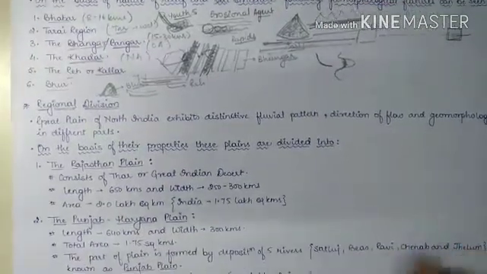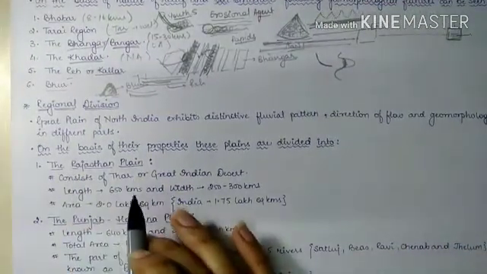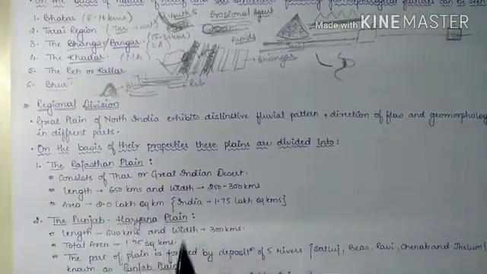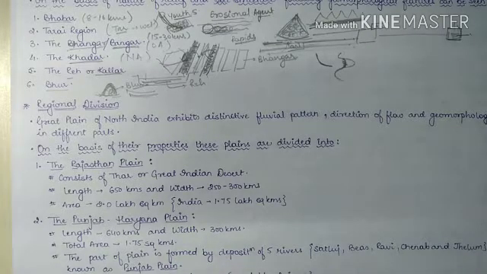Talking about the first one, the Rajasthan plain. The Rajasthan plain is on the western extremity of the Great Plain of India, and it consists of the Great Indian Desert, that is the Thar Desert. Its length is about 650 kilometers, and its width is 250 to 300 kilometers. It covers the western area of Rajasthan.